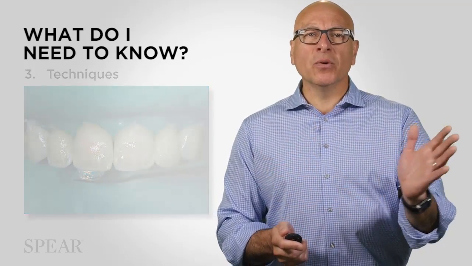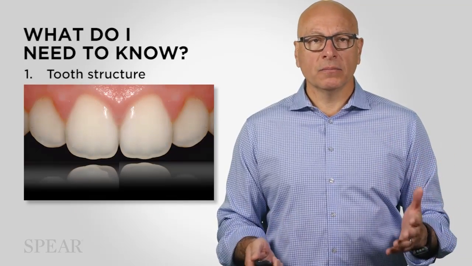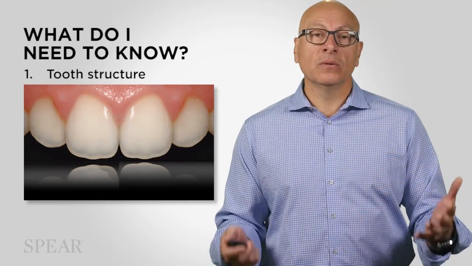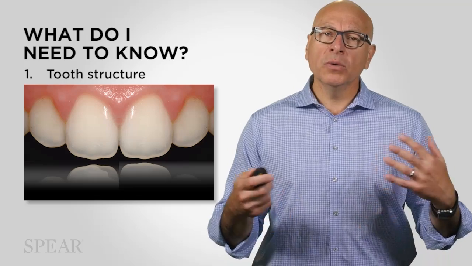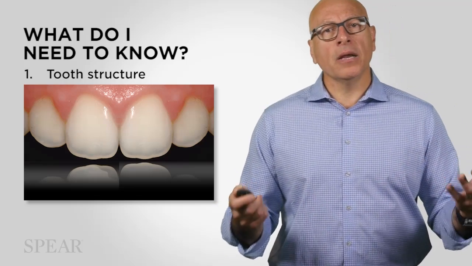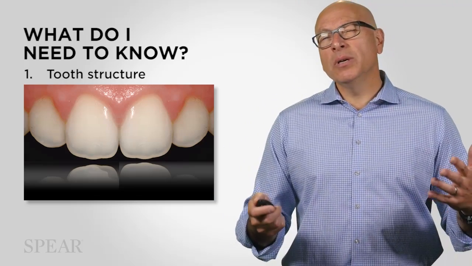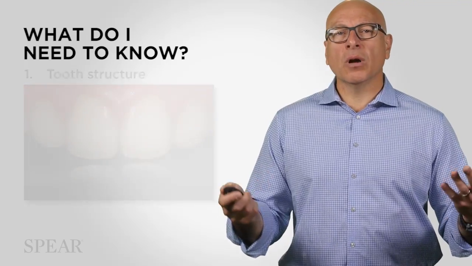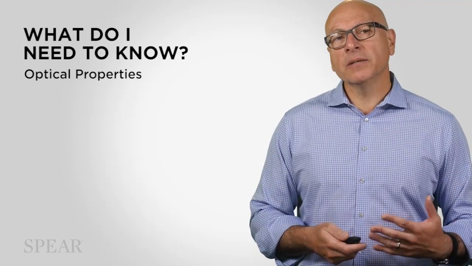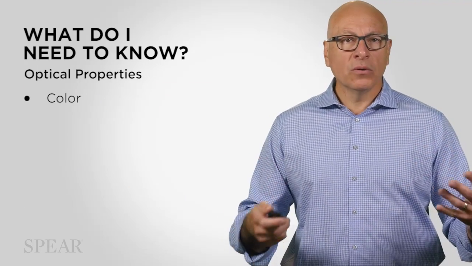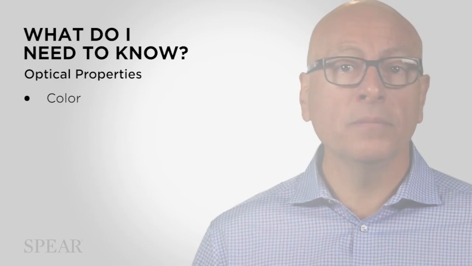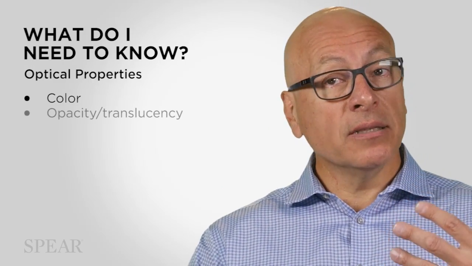So let's review a little bit of tooth structure, because again, we need to know what we are replacing. When we talk about enamel and dentin, or tooth, in an aesthetic component, we talk about optical properties, correct? So we know there is a color or shade involved. Teeth have color. Teeth have opacity and translucency.